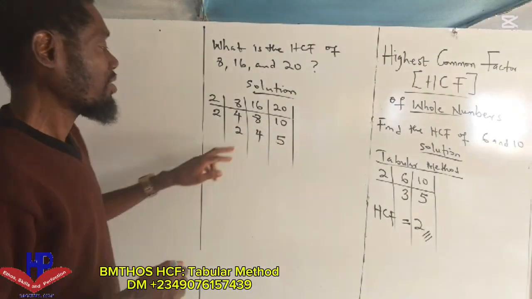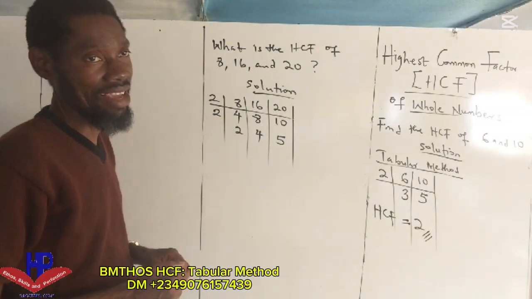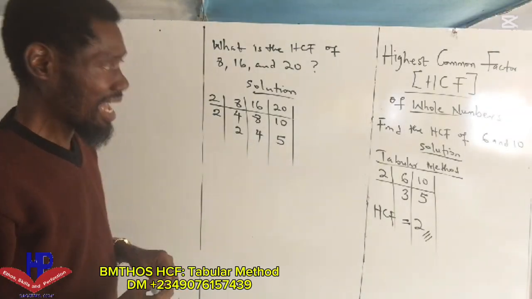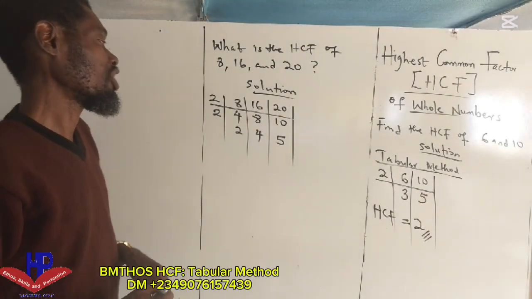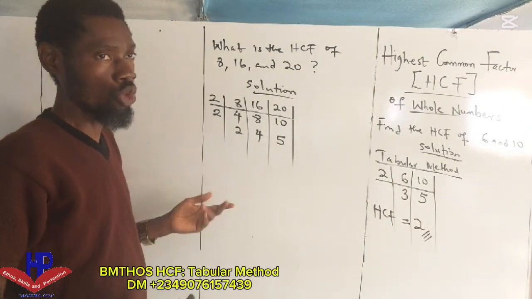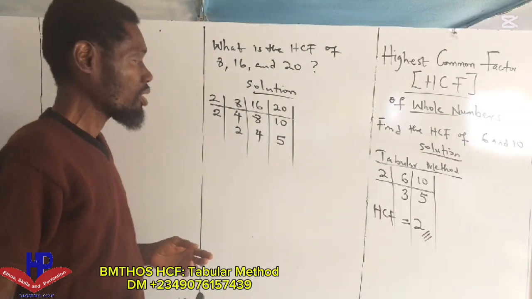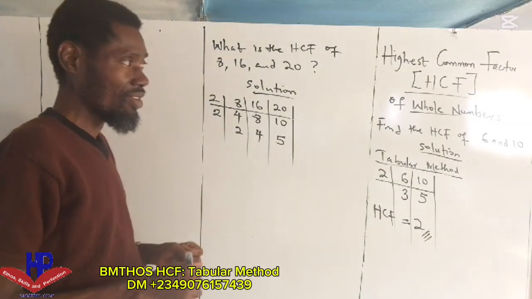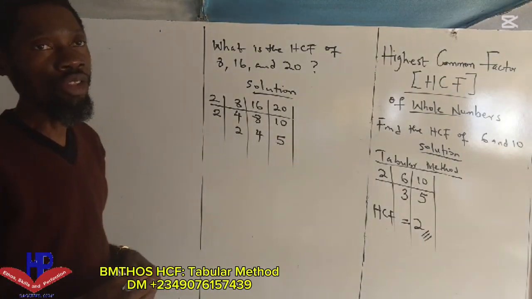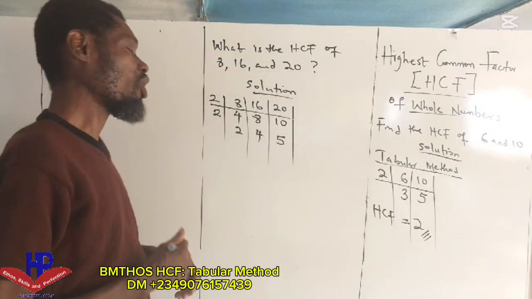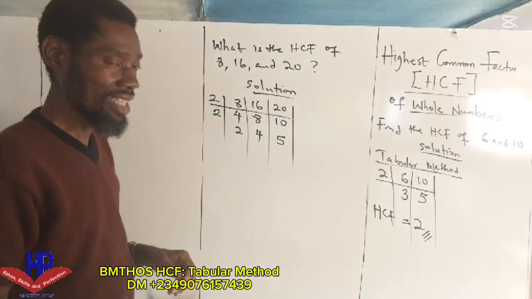What can divide 2, 4, and 5 at the same time? A number can divide 2 and 4, which is 2, but 2 cannot divide 5, so I will not use 2. Whenever you're solving HCF, you must look for a number that will divide all the numbers you're concerned with at the same time.